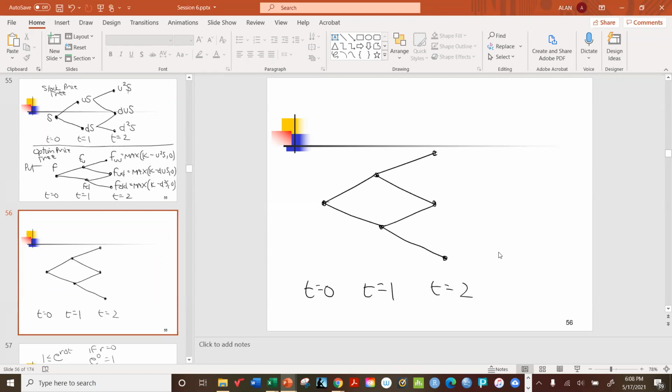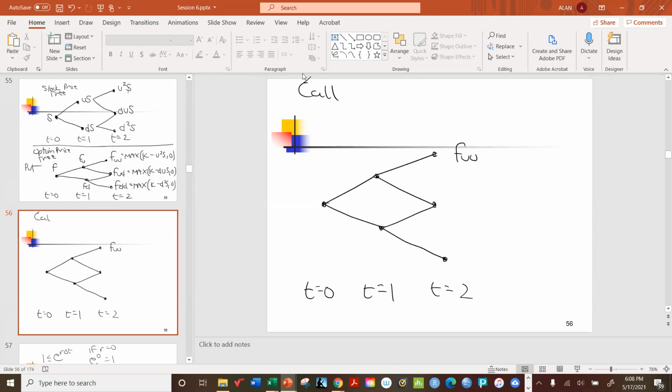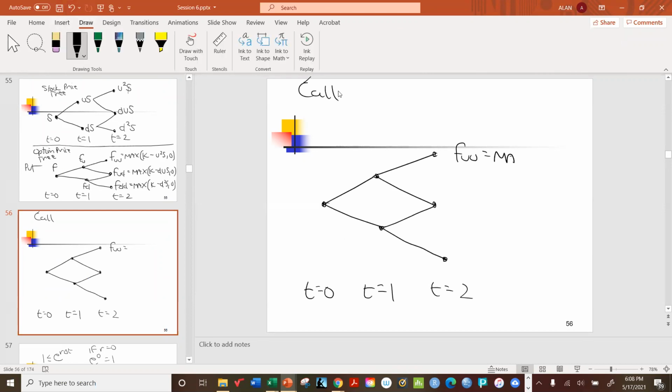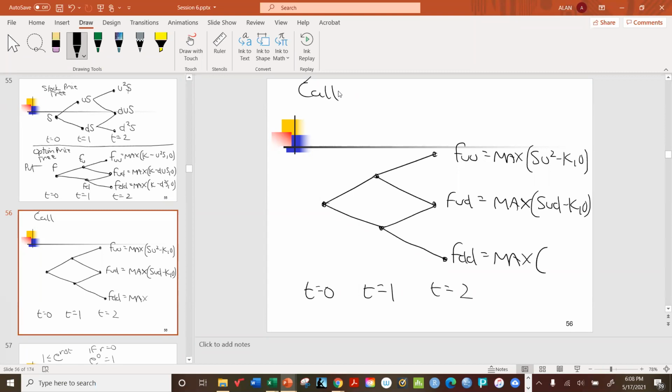Okay, so we already know these. All right, this one is, of course, the payoff at this node. Well, actually, I just realized something.